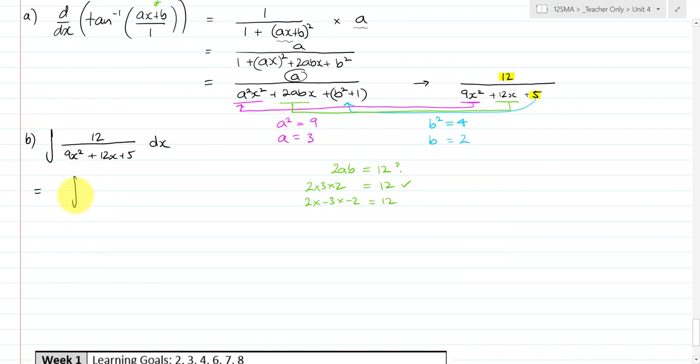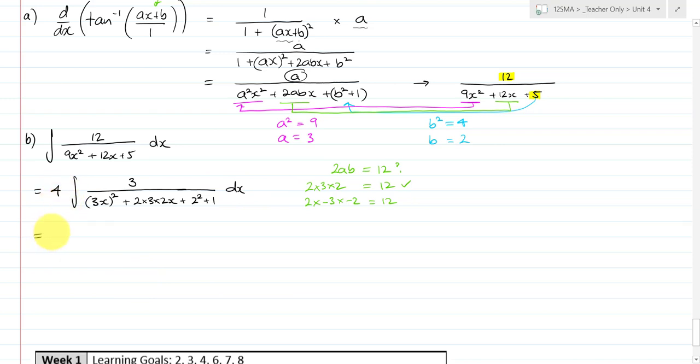It's equal to the integral of 3, I'm just heading towards what I want here, 3x squared plus 2 times 3 times 2x plus 2 squared plus 1. You see that's looking a lot like what we got when we did a derivative, but we've got a 3 here now, which means I need to have a 4 out the front here.